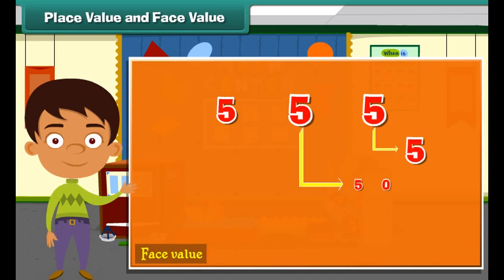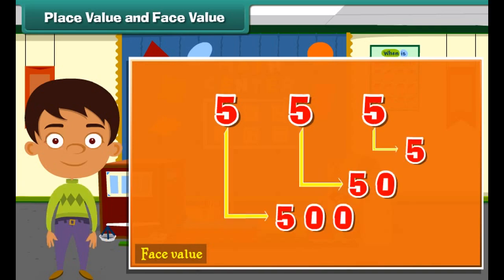Face value of a digit is the digit itself. The face value of a digit 5 in number 555 is 5 at each place, but the place value of 5 is different at each place. Moving from left to right, the values of the three fives in 555 are 5, 50 and 500.